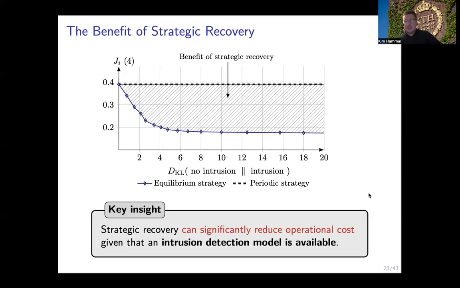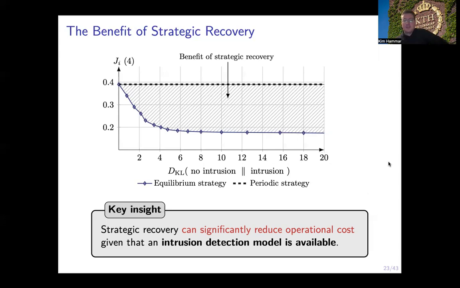And what we find is that if you do not have any intrusion detection, then the equilibrium strategy and the periodic strategy are equally good. However, as soon as you have some intrusion detection signal, and by no means does it have to be perfect, then the cost of the equilibrium strategy very quickly goes down.